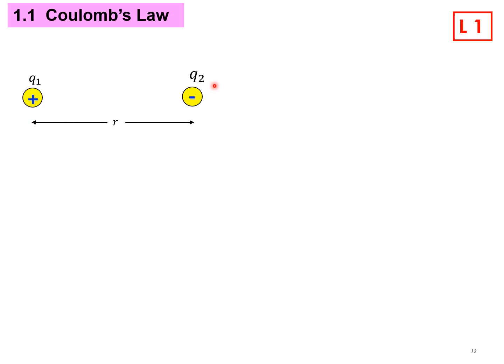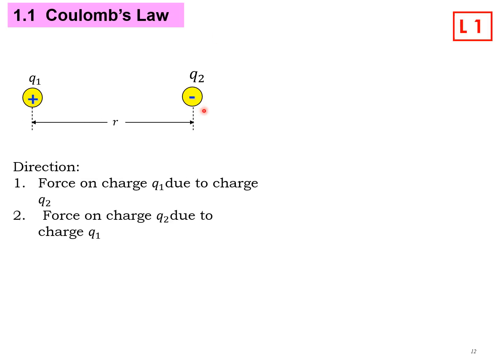The other is Q2, which is a negative charge, separated by distance r. How do we determine the electrostatic force on each charge due to the other?